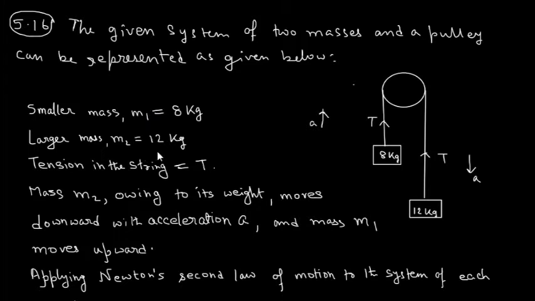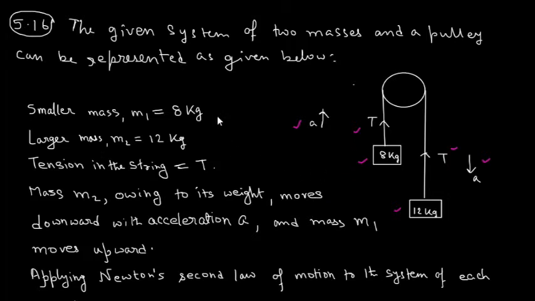So here we can see masses 8 kg and 12 kg are hanging by a pulley where tension is acting upward. Here tension is acting upward, acceleration is acting downward. Here acceleration is acting upward, the body is moving upward, this 8 kg mass is moving upward.